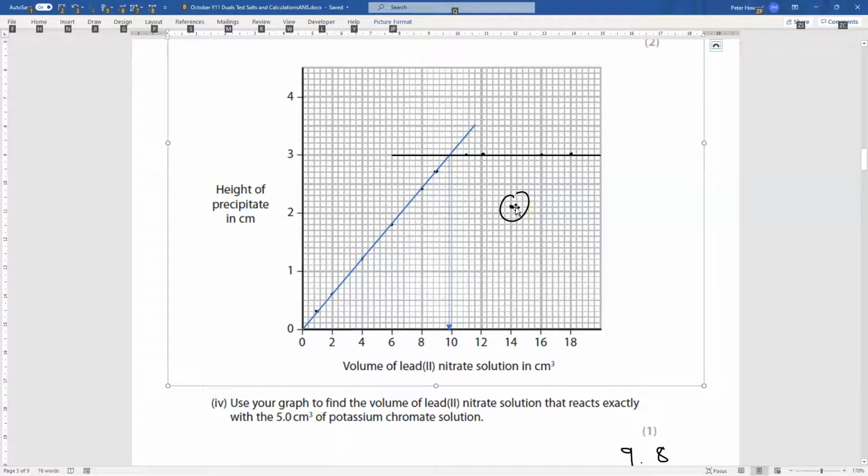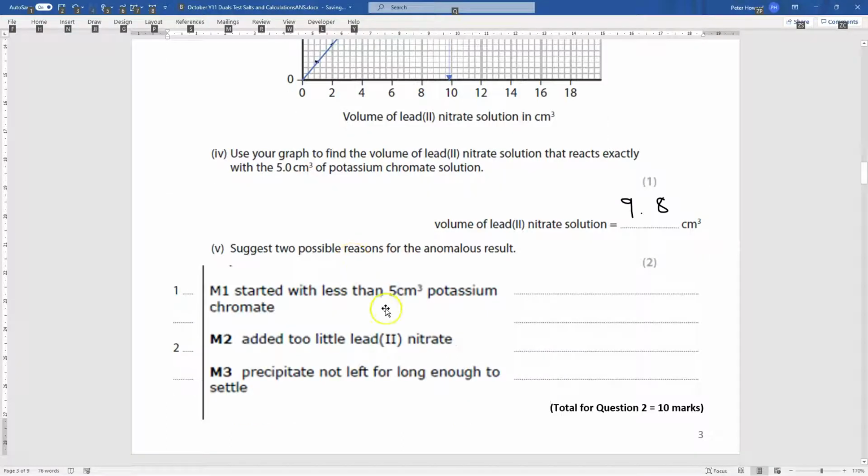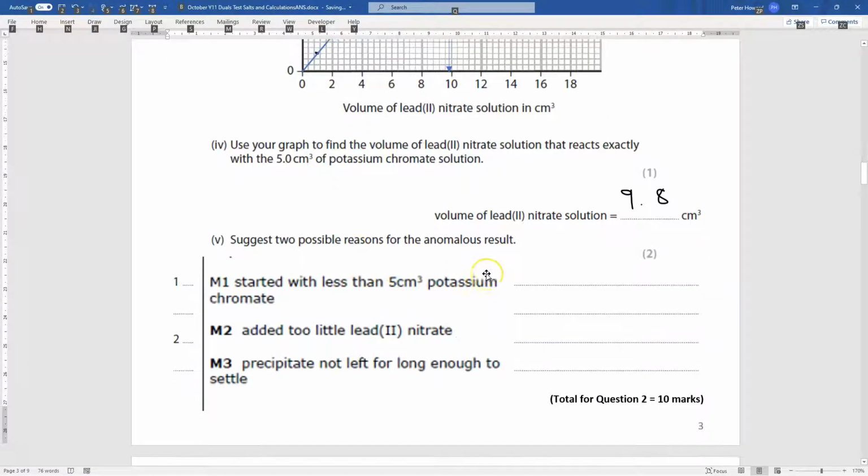Maybe we also didn't have enough of the potassium dichromate, which was yet another thing contributing to us having a precipitate. I suppose the other thing is maybe we didn't leave it for long enough, because maybe it takes some time for a chemical reaction to occur and all mixing to occur so that we've got the precipitate to actually form. If you could please make sure you write down at least 2 of the reasons, that would be appreciated.